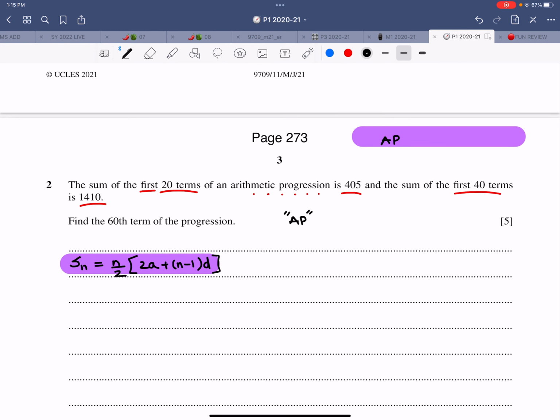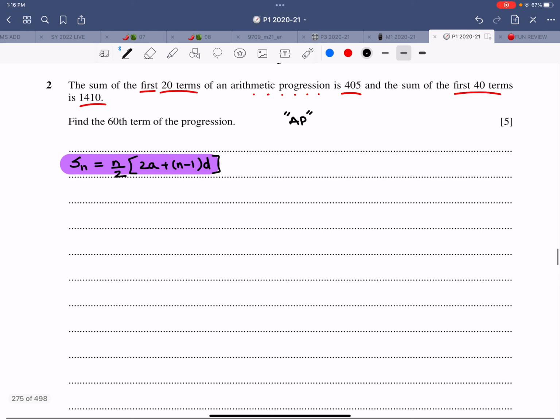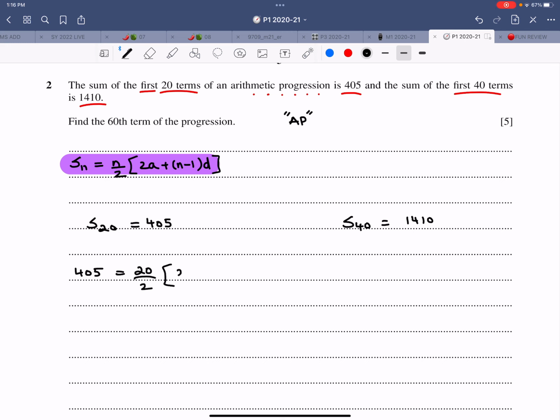This is an AP, and it's a sum formula question, and it's simultaneous equations. Sum of first 20 terms, S20, is 405.